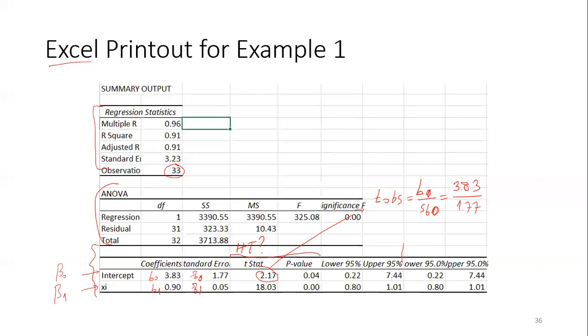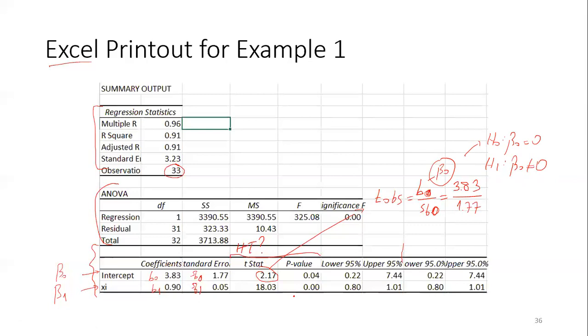Remember, it was b0 minus beta 0, which comes from the hypothesis, divided by S of b0. So this first row refers to a hypothesis test where you are testing H0: beta 0 equals 0 versus H1: beta 0 is not equal to 0.